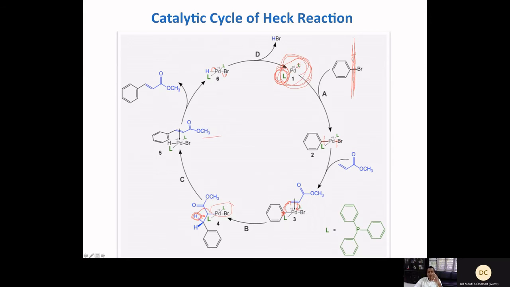Subsequently, olefin coordination, insertion, and beta hydride elimination give you the opportunity to generate the acrylate in this case. So a less substituted olefin such as this, in this case methyl acrylate, gives you methyl benzoate, so the disubstituted olefin. So the monosubstituted olefin that you start with over here gives you the disubstituted olefin.